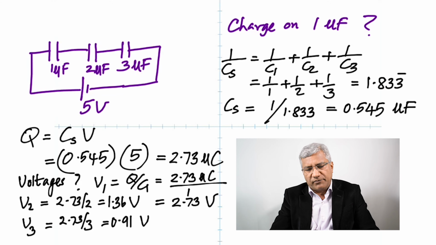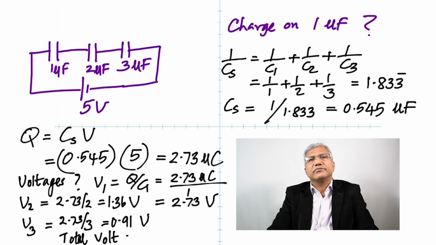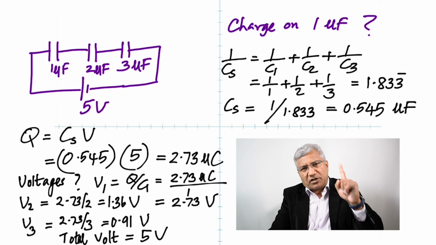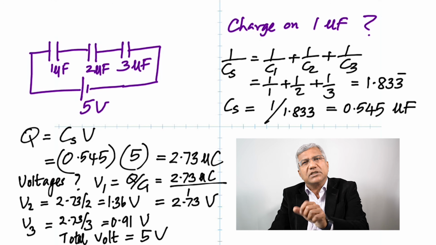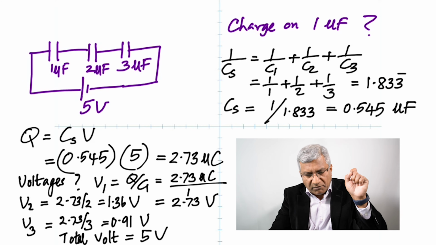The third one, 0.91 volt. Add them up, what do you get? 5 volt. There you go. Capacitors connected in series, the charges are equal, the voltages are not, but when you add the voltages, just like in a resistor, you should get the voltage of the battery.